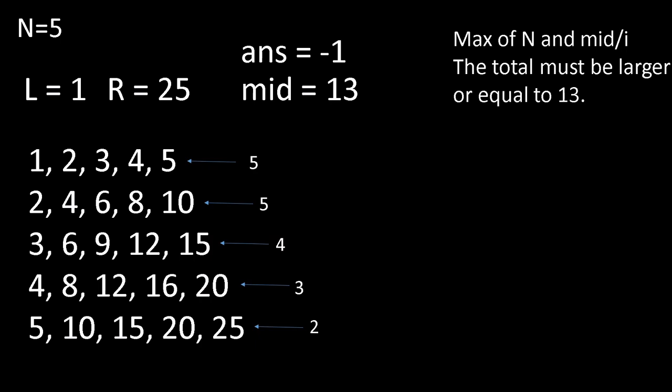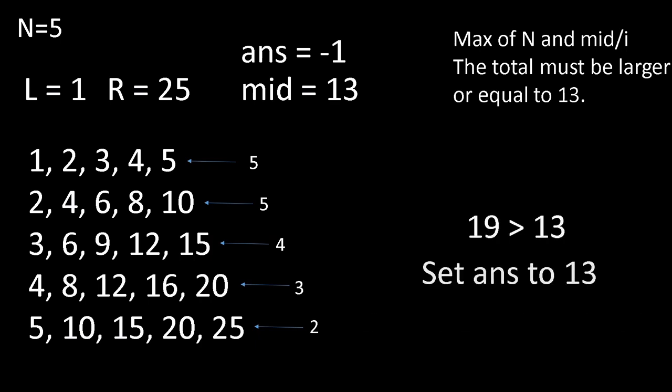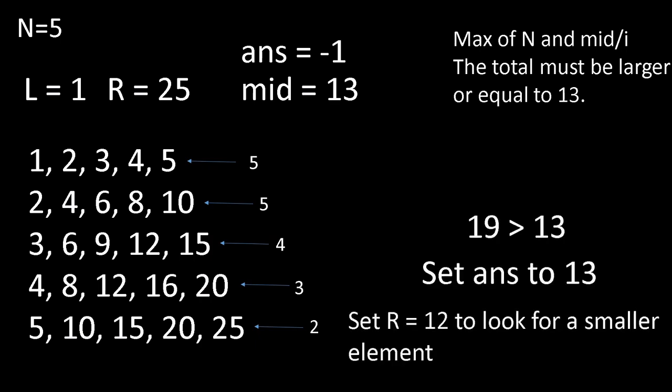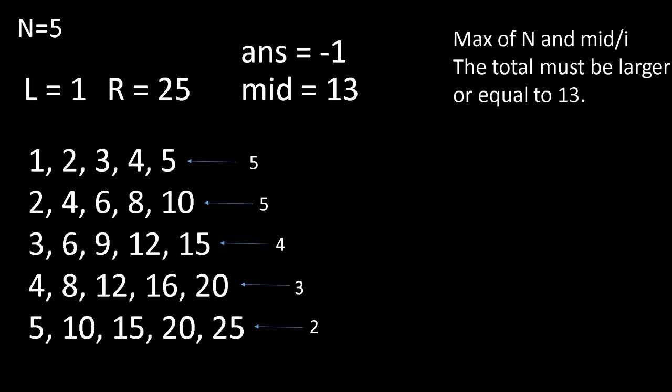Mid equals 13. 5 plus 5 plus 4 plus 3 plus 2 equals 19. 19 is greater than 13, since it fulfills the qualities. We set ans to 13, and to look for a smaller value we set right equals 12.